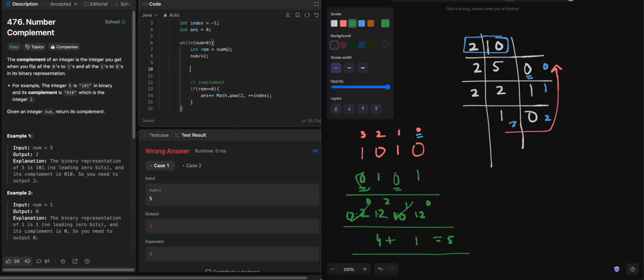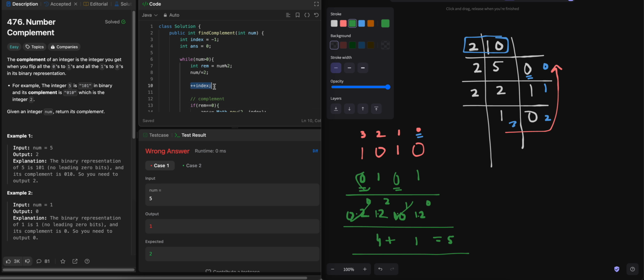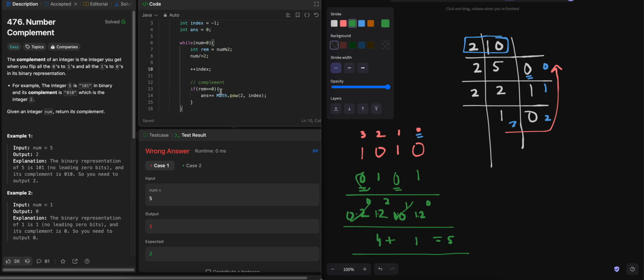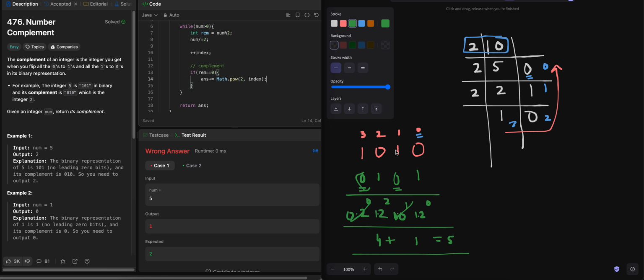Actually, we should increment the index here instead. Basically the problem is, instead of incrementing it there, we should do it here, such that for values like this, if we do it the way I did earlier, it will only use this at the 0th index and it will come as index 1, but all those positions in between we also have to keep in mind.